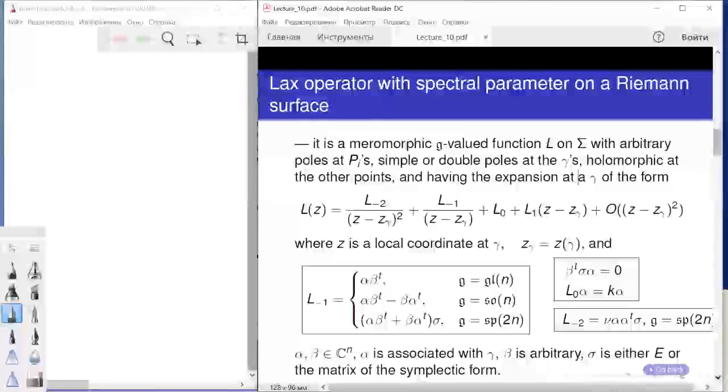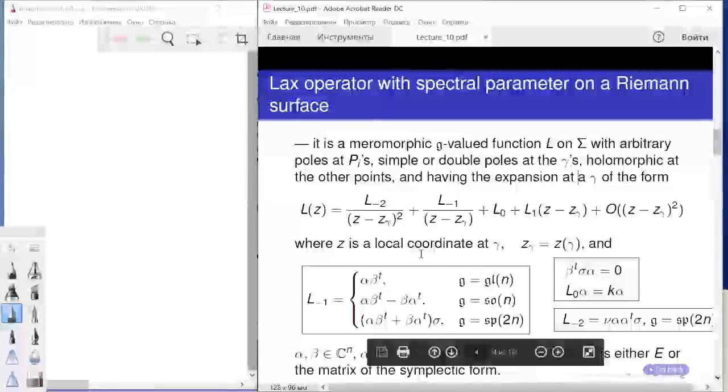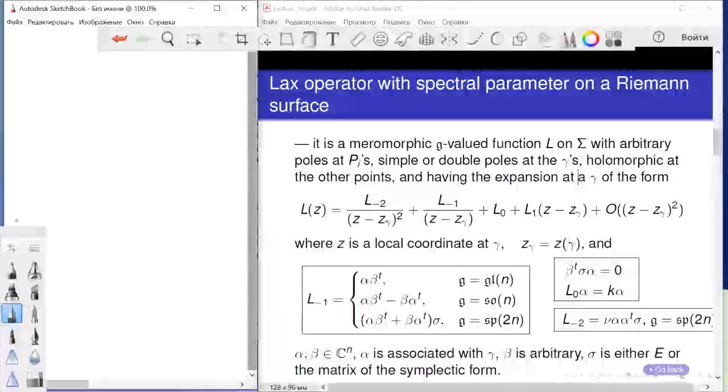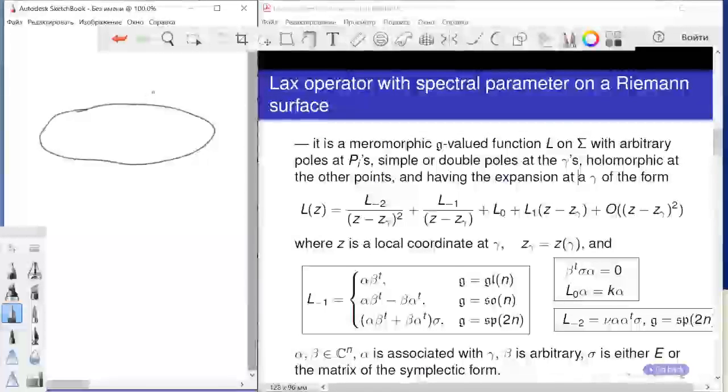So we had a Riemann surface sigma, with two kinds of marked points.